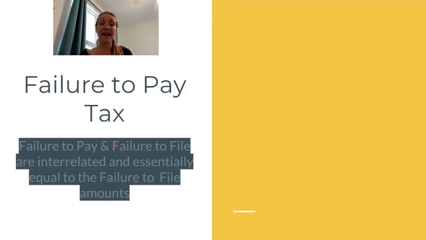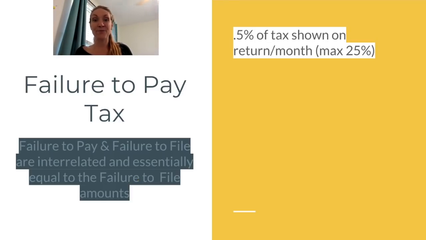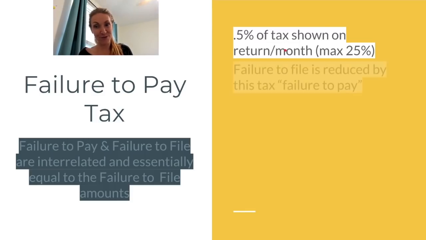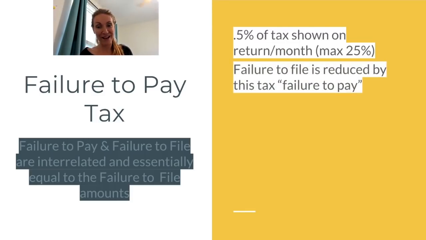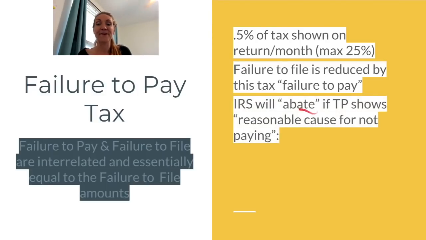So the failure to pay and the failure to file are interrelated and essentially equal to the failure to file amounts, because the failure to pay tax is actually deducted from the failure to file. So it's 0.5% of the tax shown on the return per month, max 25%. Failure to file is reduced by this failure to pay. So it's essentially the same as the failure to file.